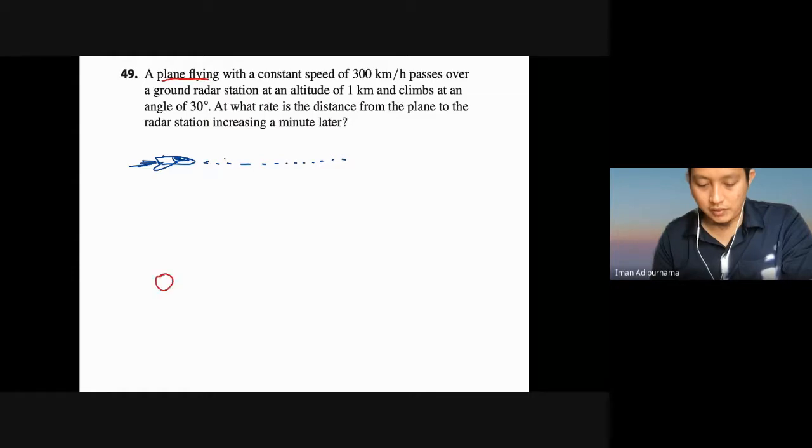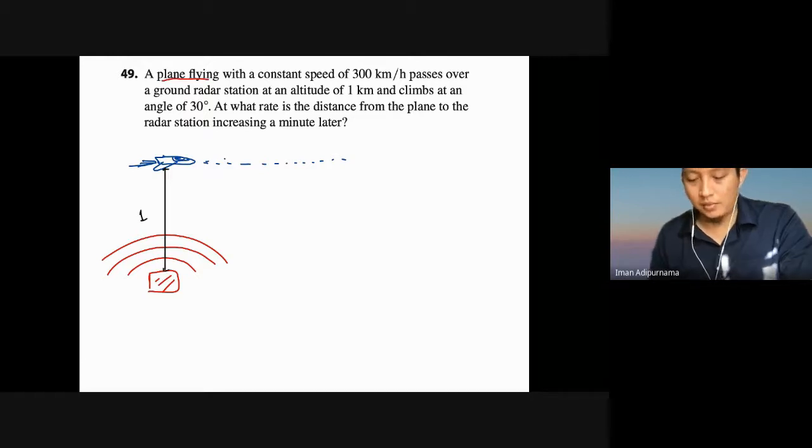So let's say this is the radar station, right? Like that. And it has an altitude of 1 kilometer. Let's say just one, because all the units will be in kilometers. So 1 kilometer.